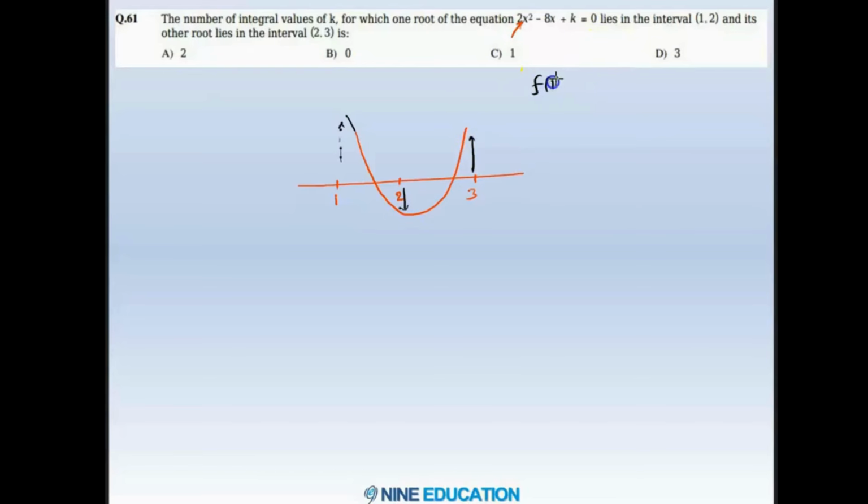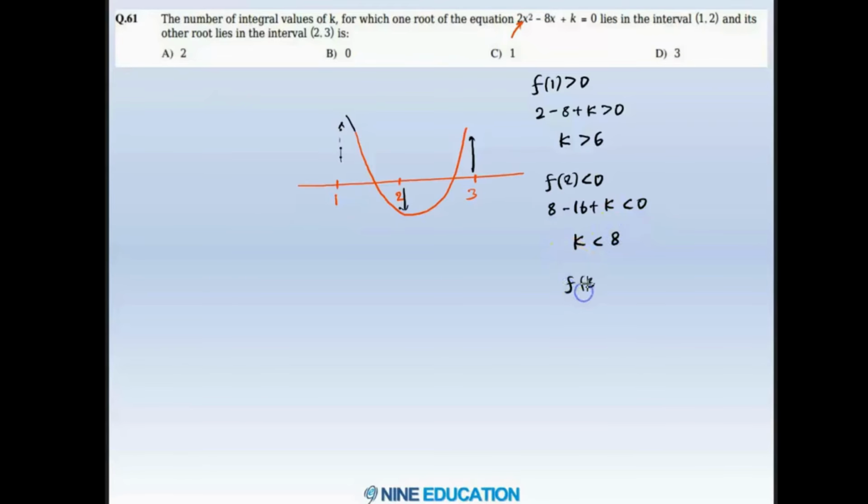So f(1) is going to be positive, which means 2 minus 8 plus k is positive, which means k is greater than 6. Same way f(2) is going to be negative, so we get 8 minus 16 plus k less than 0, or k is less than 8.